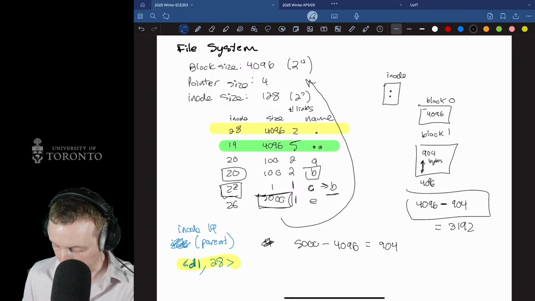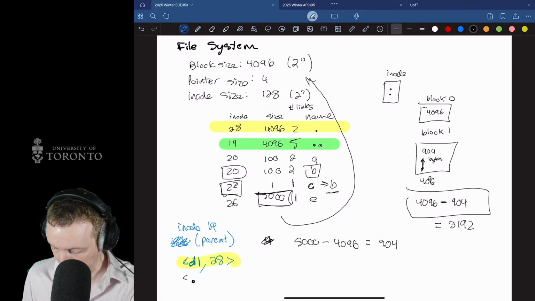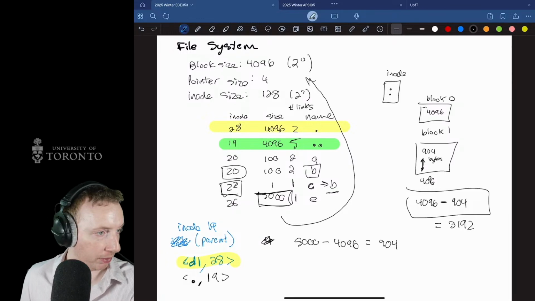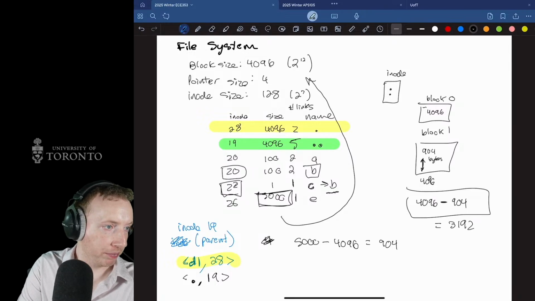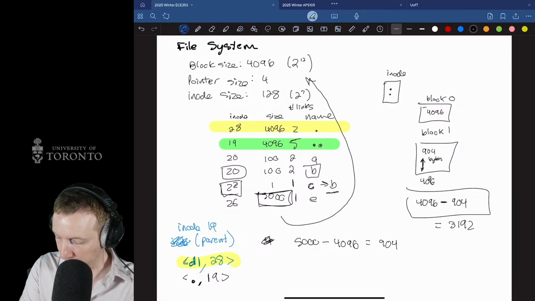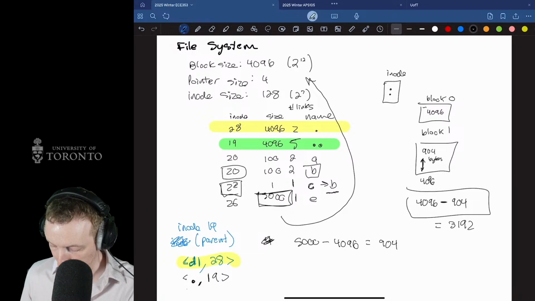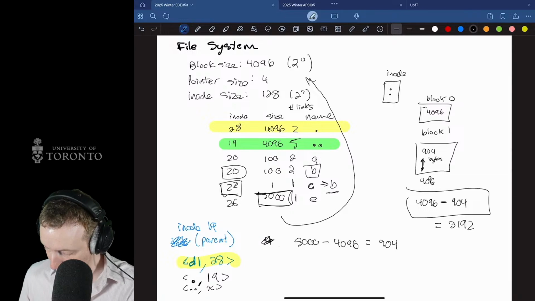It's just one level up. So in that parent directory, it would have an entry for dot, and that would be itself, so 19. And then it would be given a name somewhere. It would have a parent, right? So it would also have a parent dot dot. I have no idea what it is. I'll just call it X.